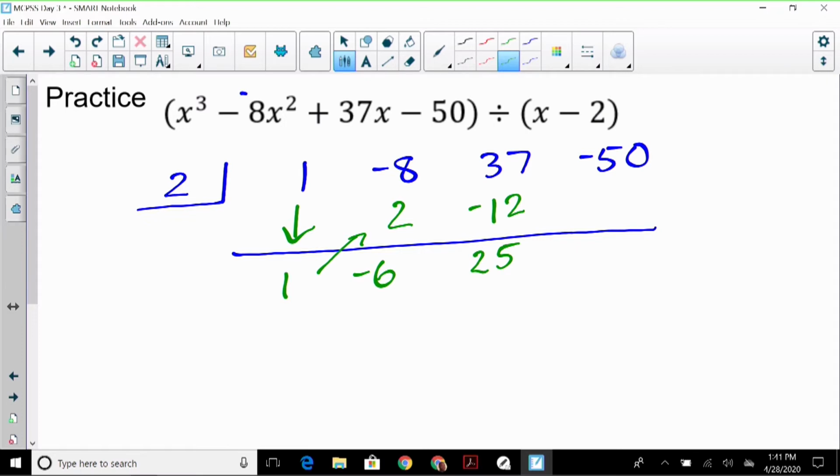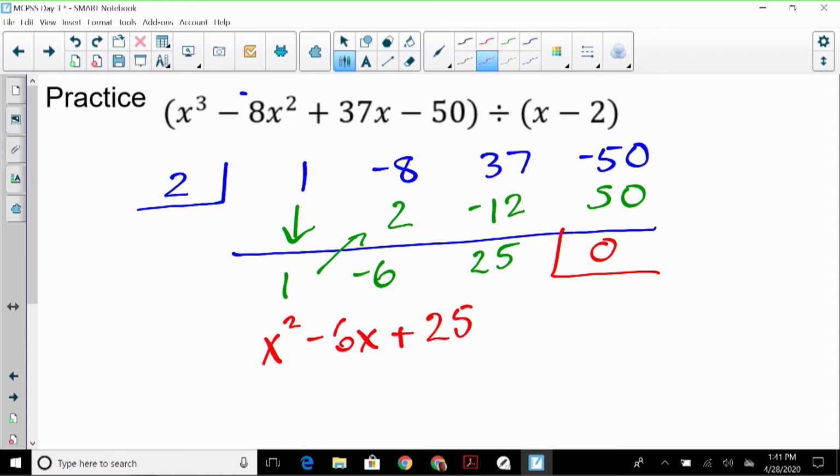Times 2 is 50. And this is 0, which means my remainder is 0. So my solution for this expression, x squared minus 6x plus 25, is what we get.